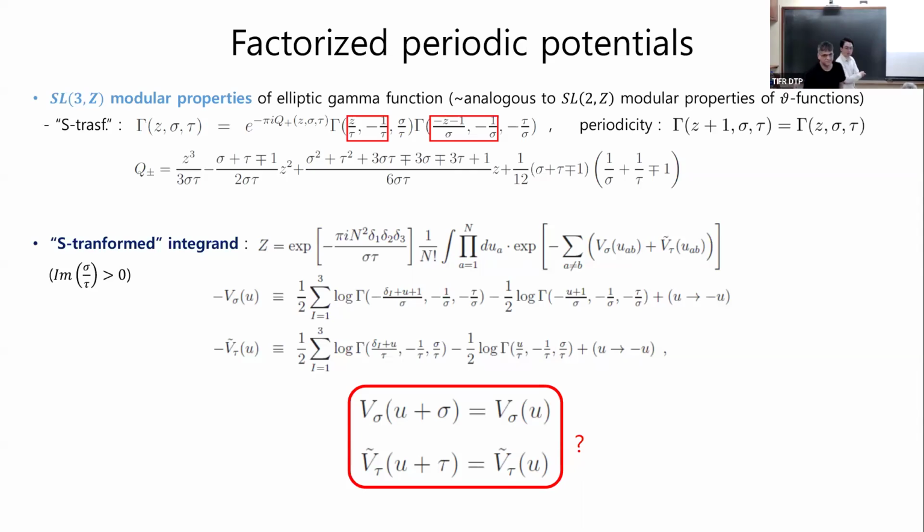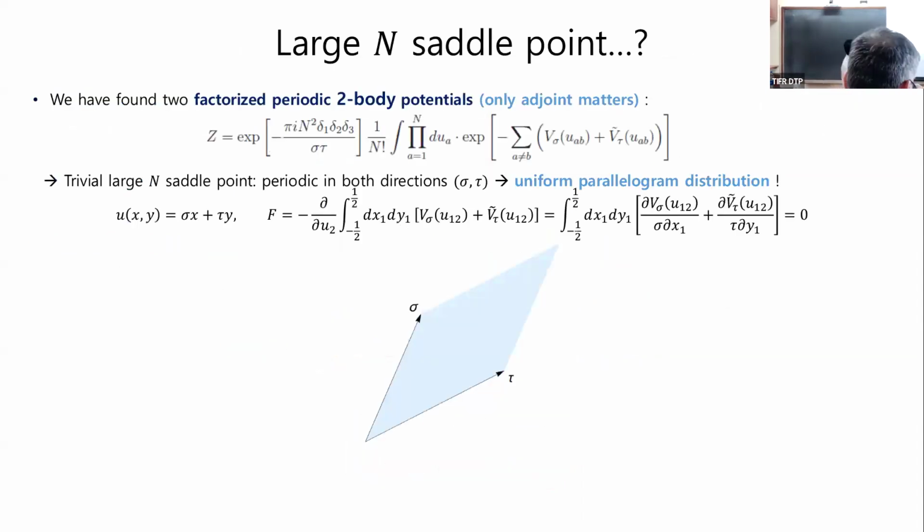Okay, thank you. So we have two factorized periodic potentials in the sigma direction and the tau direction. So the naive saddle point one can guess is just a doubly periodic saddle point, which is periodic in the tau direction and also periodic in the sigma direction. And this will obviously be the saddle point of these two periodic potentials, right?